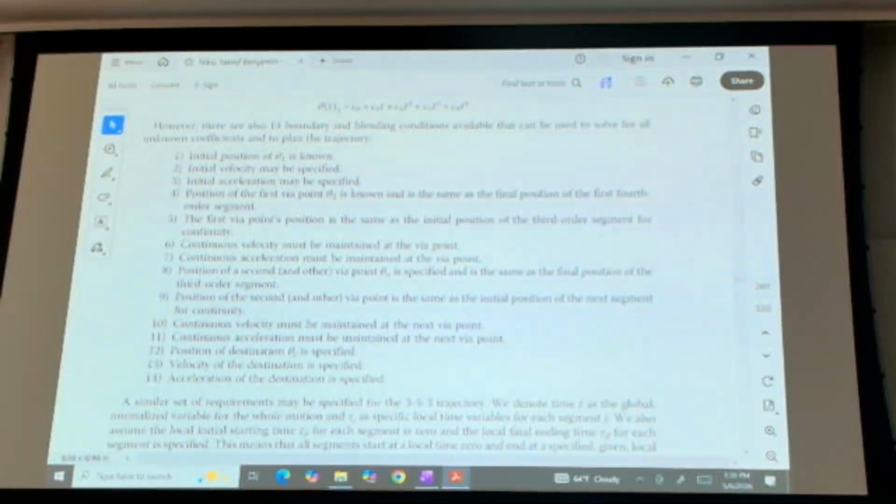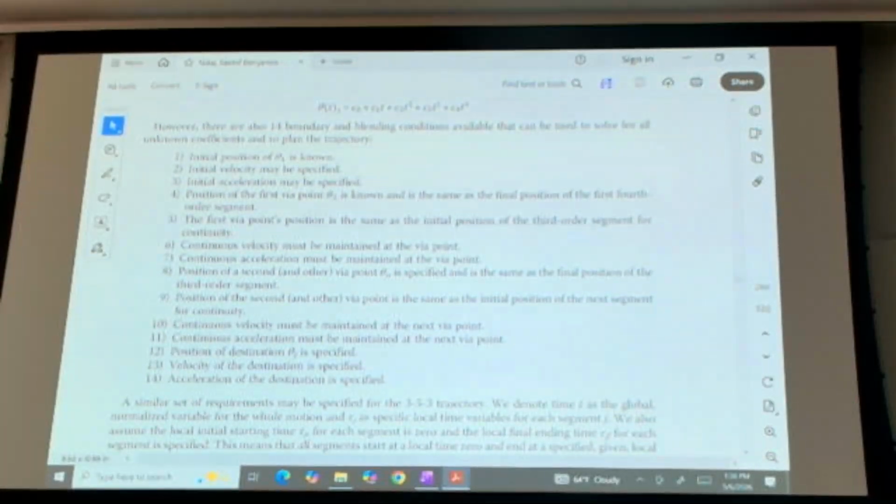So here we are. The 14, or depending on how you look at it, 12 different steps.